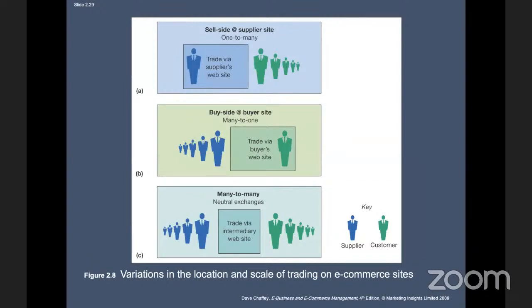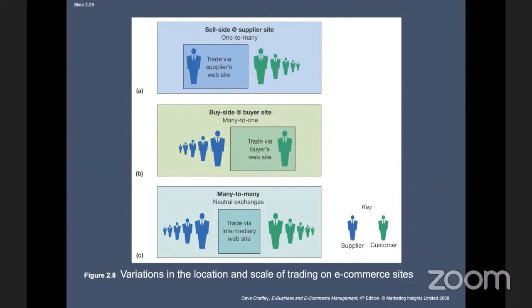Here are the variations in the location and scale of trading on e-commerce sites. Sell side, the supplier side: one to many, trade via supplier's website. Then buy side, buyer side: many to one, trading via buyer's website. And then many to many: neutral exchanges, trade via intermediary websites.